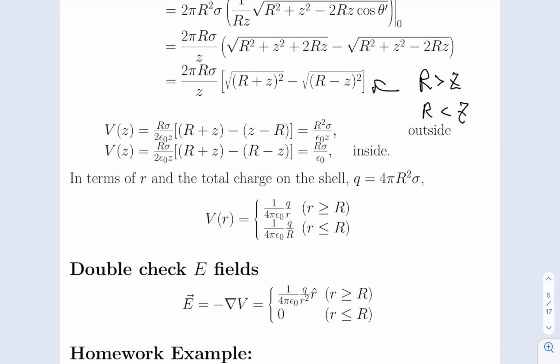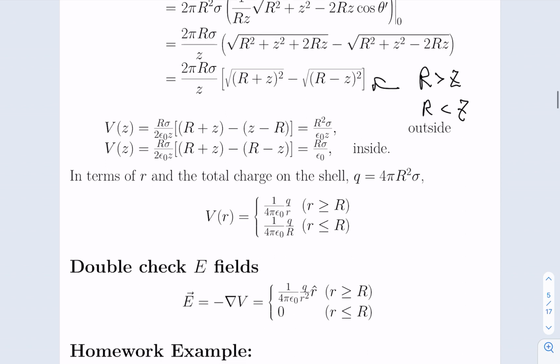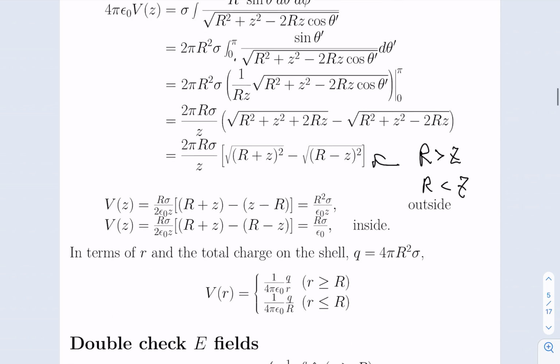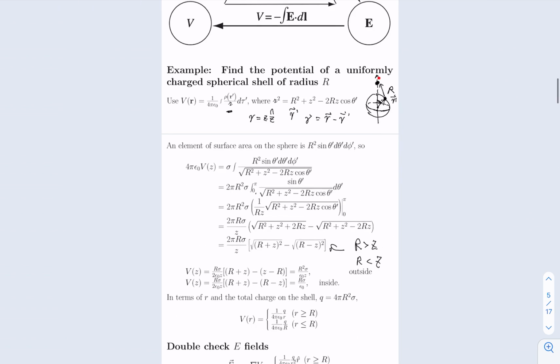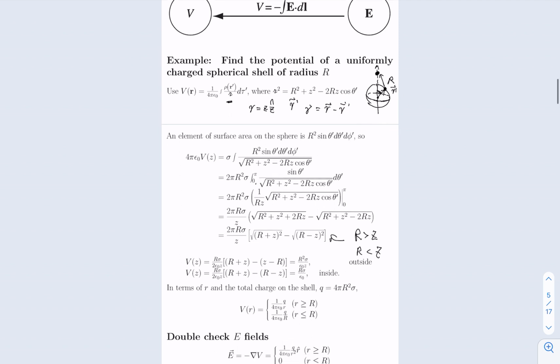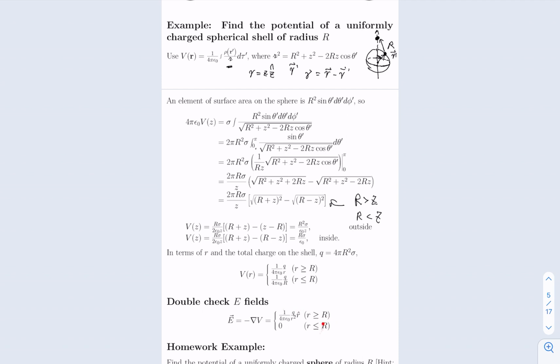This expression is what we are familiar with. If you do a Gauss integration by using a Gaussian surface that is the same shape but a different size from this shell, you immediately arrive at this final answer.